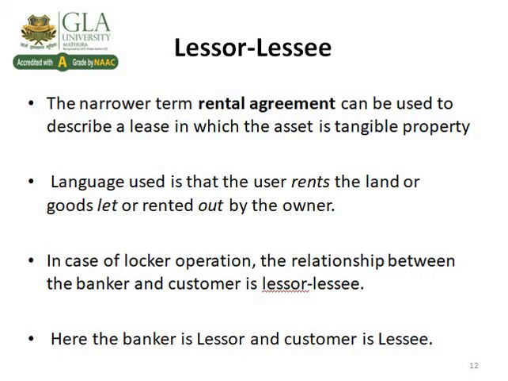So what are bankers doing? Bankers are letting out that particular locker to the customer so that they can use it, but the property is owned by the banker. So in this case, the relationship between banker and customer becomes lessor and lessee in case of locker operation, when the locker is handed over to the customer.